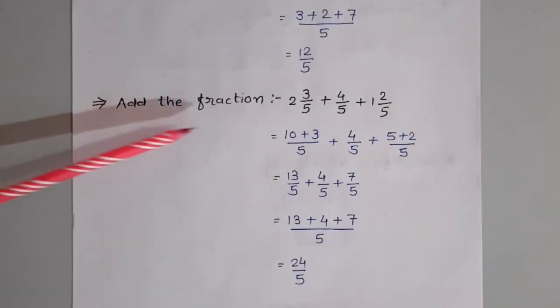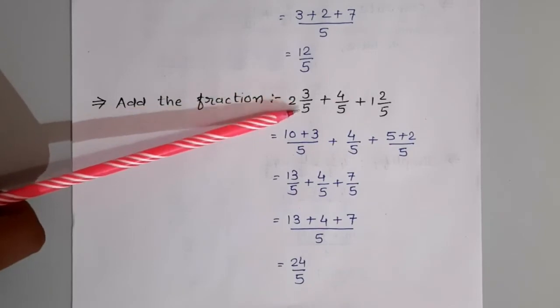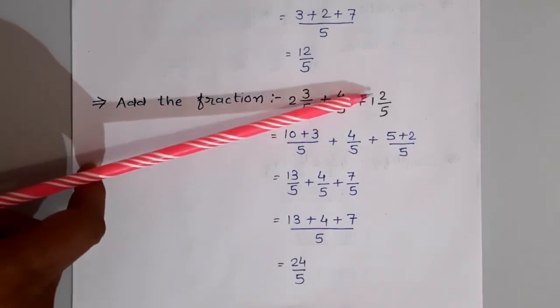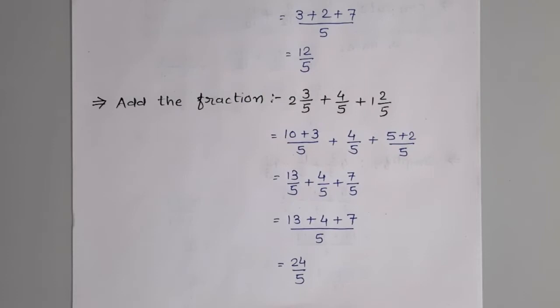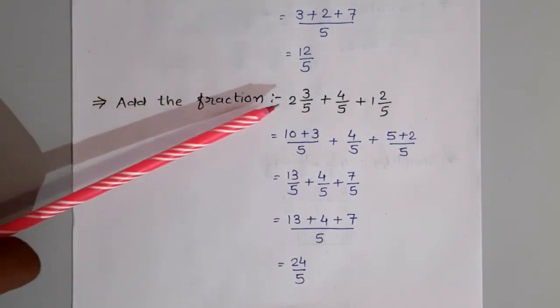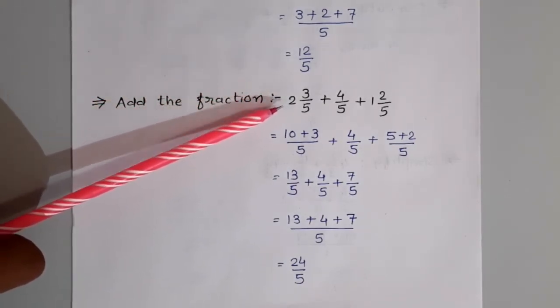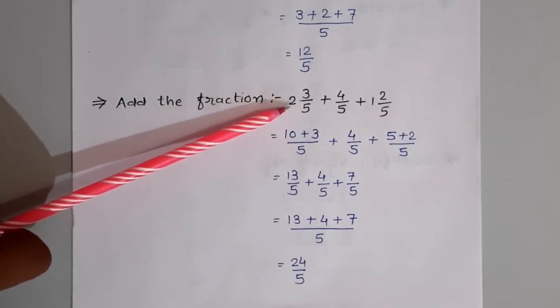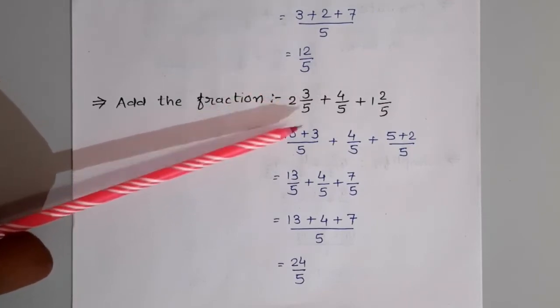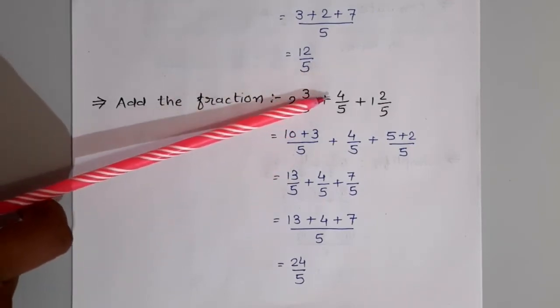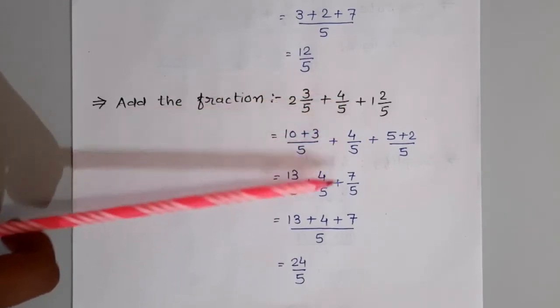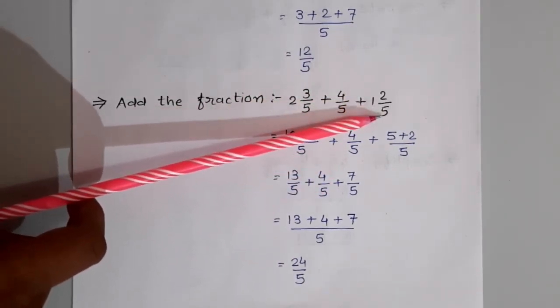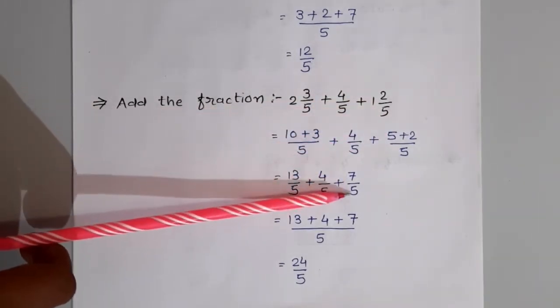Now let's try to solve this addition. 2 integer 3 upon 5 plus 4 upon 5 plus 1 integer 2 upon 5. You can see that here an improper fraction plus mixed fractions are given, so we have to first convert the mixed fractions into improper fractions, and try to remember the process. 5 2s are 10 plus 3, 13 upon 5, plus 4 upon 5 as it is, plus 5 1s are 5 plus 2, 7 upon 5.